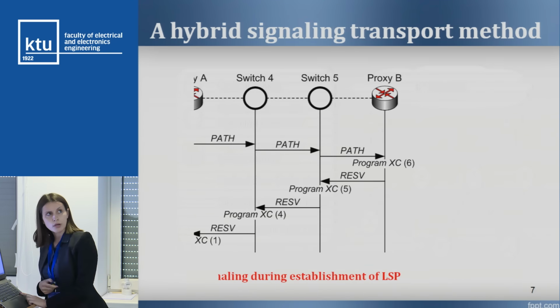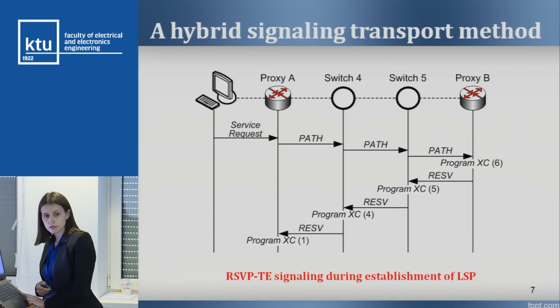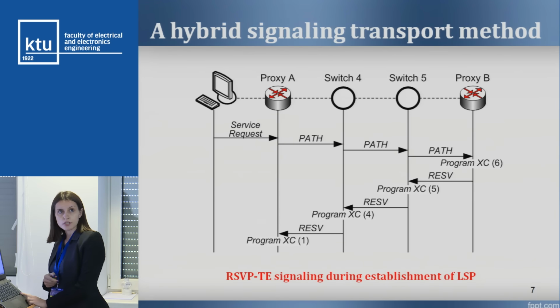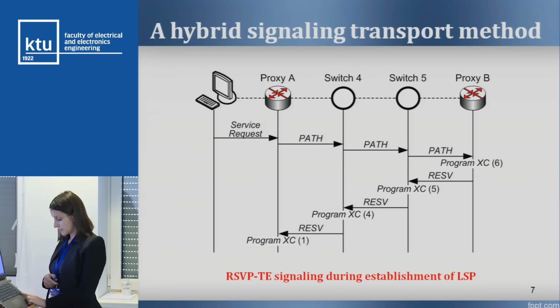Also, this is one example of establishing a label switched path between proxy A and B. When we have a service request, an RSVP-TE Path message is generated and received by our downstream router proxy B, generating this Resv message, and the cross connection in the data plane is denoted with this command, XC.